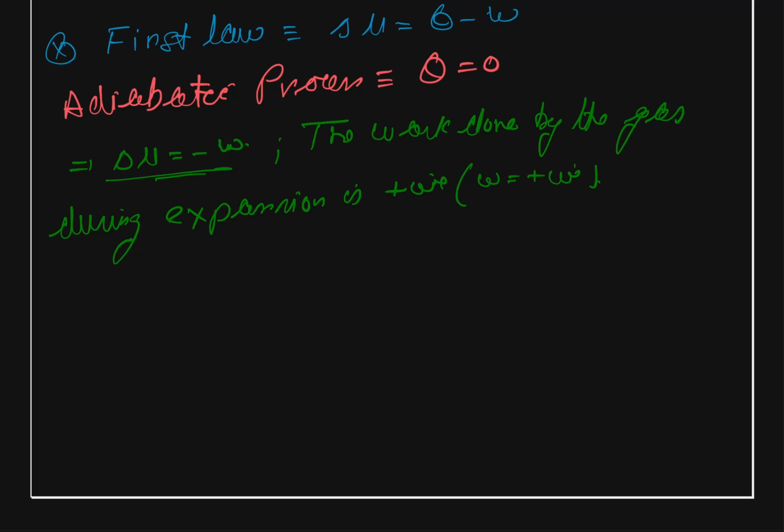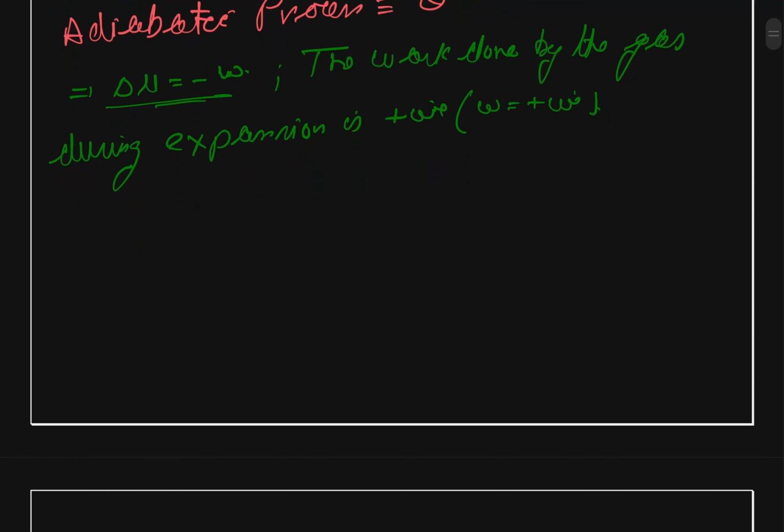And if W has a positive sign, therefore the change in internal energy delta U will be negative, or we can say it will be less than 0.